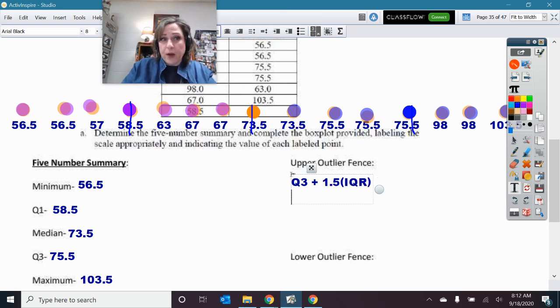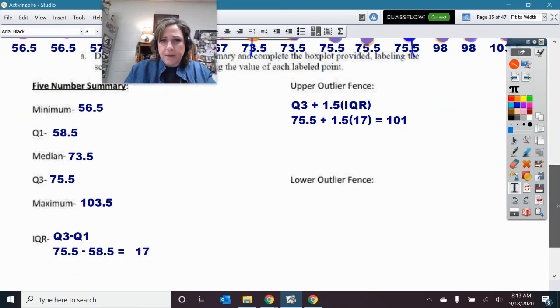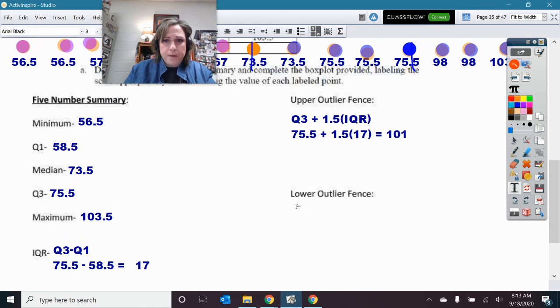If we fill in our numbers, we have 75.5 plus 1.5 times that IQR that we said was 17. And I think that ends up being like 101, if I remember correctly. Not completely positive on that, so check my math there.